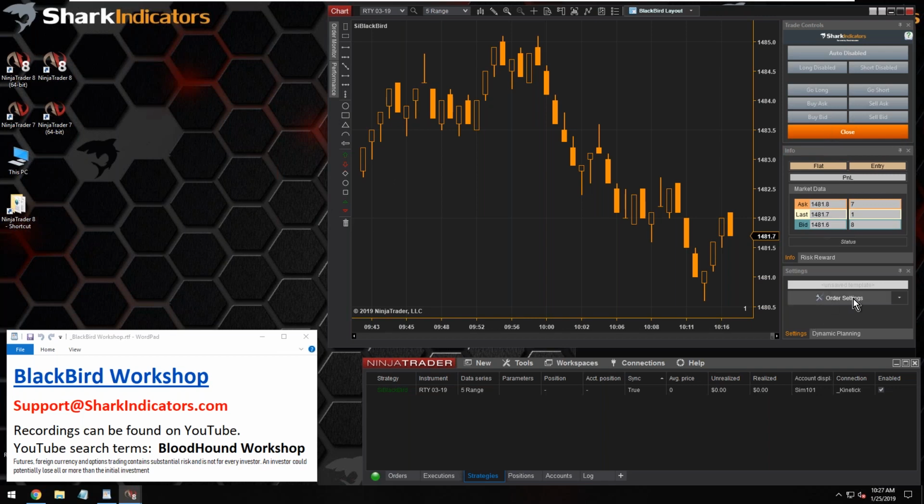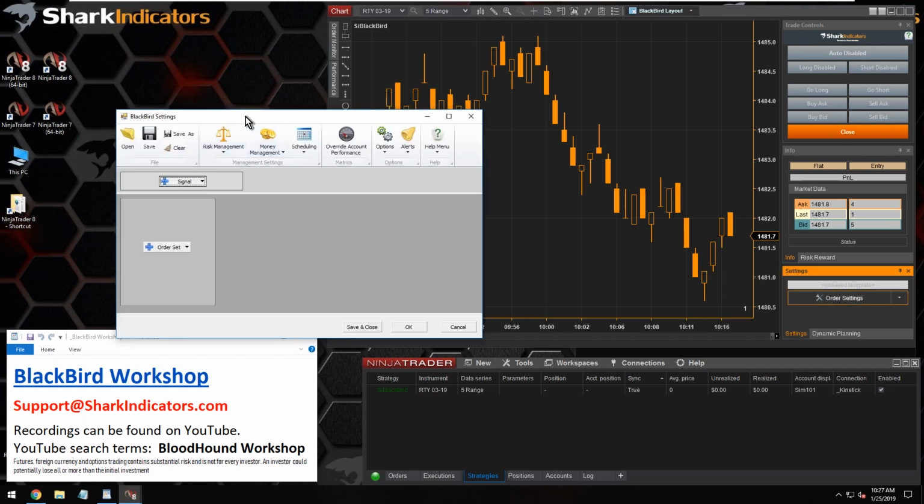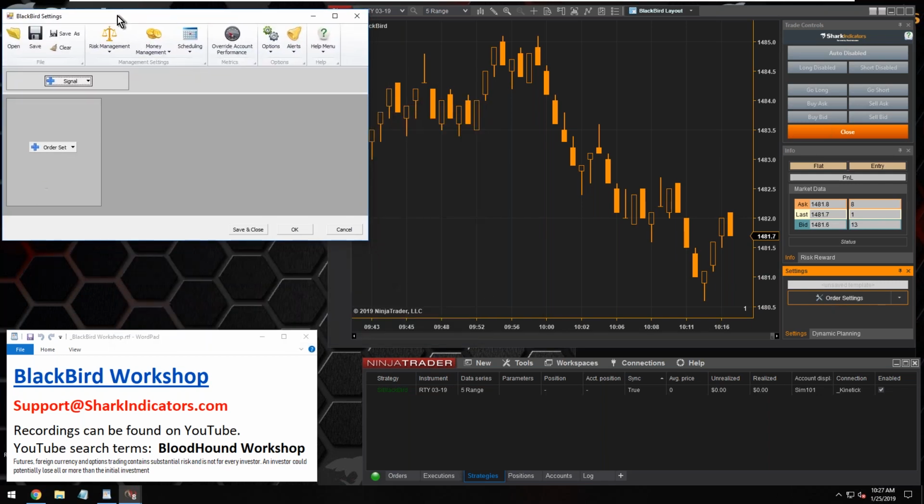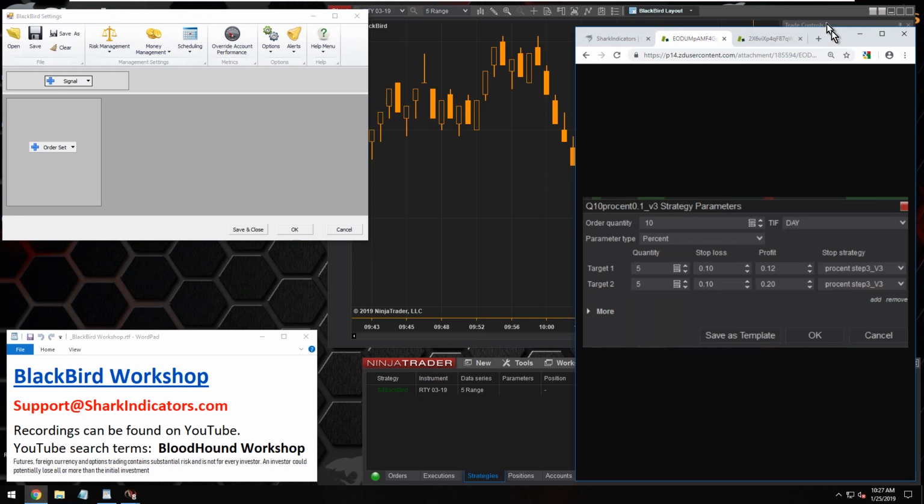All right, so next step is to open up the order settings window here. There we go, here's the Blackbird interface. Let's move that off to the side, and then we'll have the ATM settings on the right here.